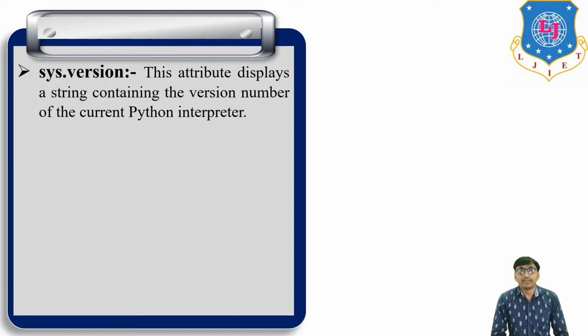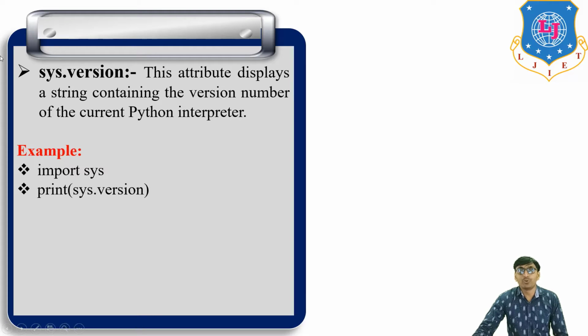Then next, sys.version. This attribute displays a string containing the version number of the current Python interpreter. How to use this in our program? Import sys, then print sys.version.